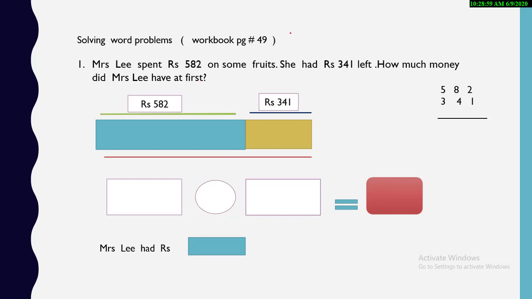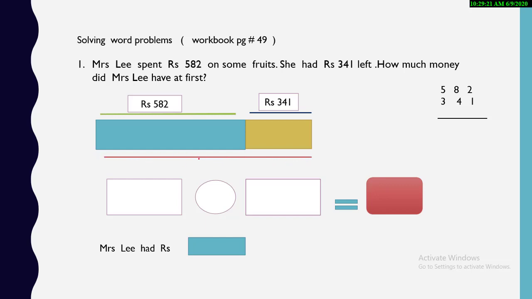So Mrs. Lee spent that much rupees on fruit, and that is the amount which she has left. So how much money did she have at first? So look at the bar model. As you can see, this part is given, and you are going to find out the value of the whole.